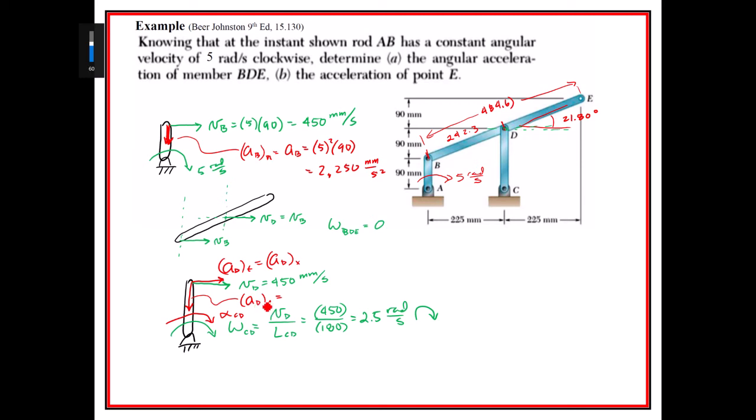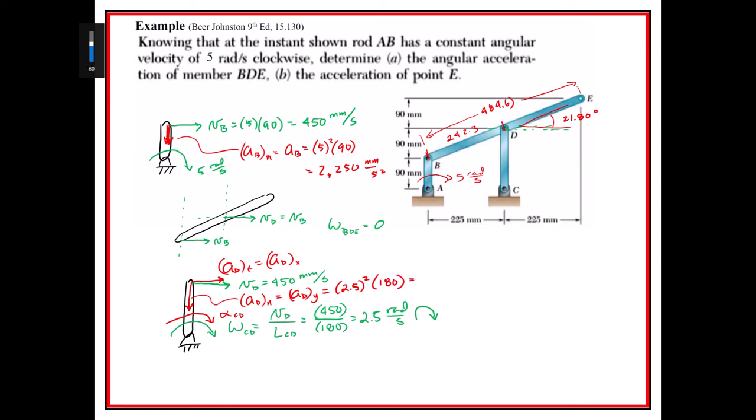The acceleration in the normal direction at D is also going to be the y component of this right here, and it's going to be pointing downwards towards the pivot point. So that's going to be the 2.5 radians per second squared times the 180.